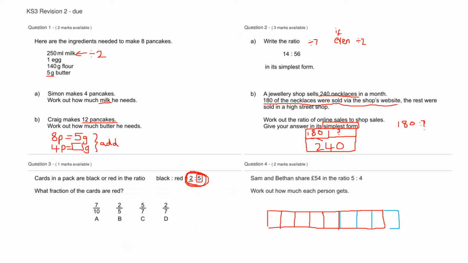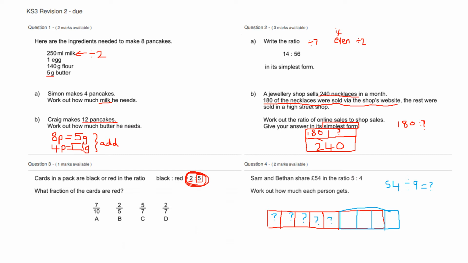We'll do a 4th one on there, like so. Okay, so you're sharing £54 into 9 pieces effectively. So we need to know how many 9s go into 54. So we're going to do 54 divided by 9, and whatever your answer is goes in each of these boxes.